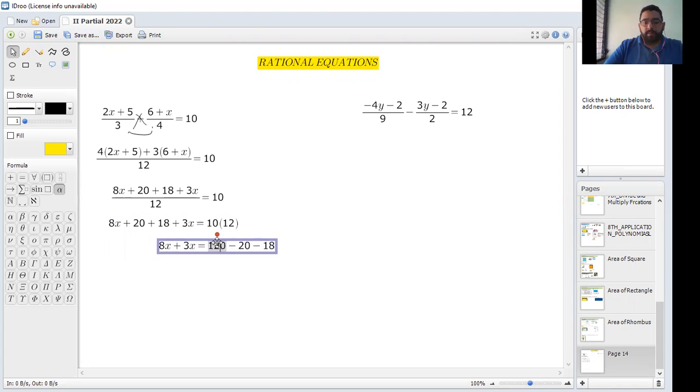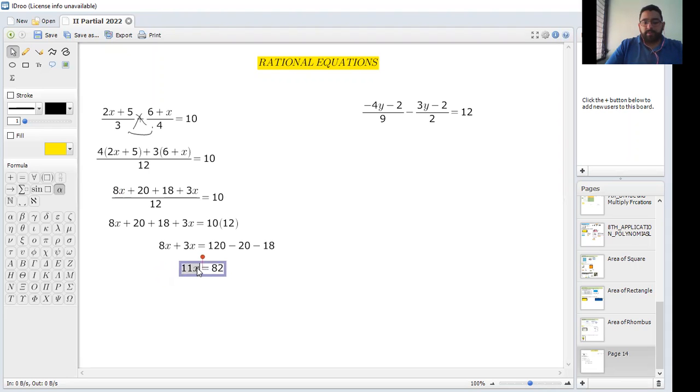Now we are going to have our linear equation, 8x plus 3x equals 120 minus 20 minus 18. Using your calculator, 8 plus 3 is 11x, and 120 minus 20 is 100. And 100 minus 18 is equal to 82.